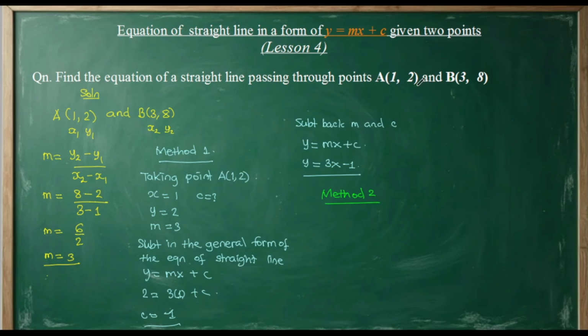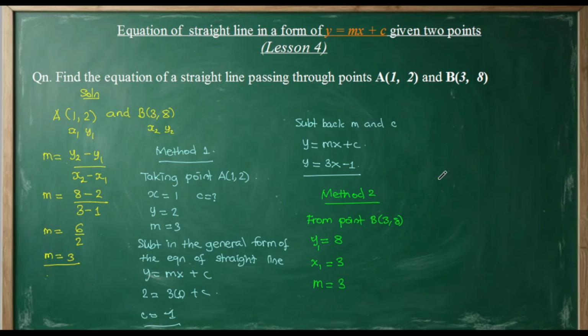Since we have already used point A, let's go ahead and use point B. And then from point B with coordinates of 3 and 8, we can start by listing y and call it y1 equals 8, and then x1 equals 3, and our m is also 3.